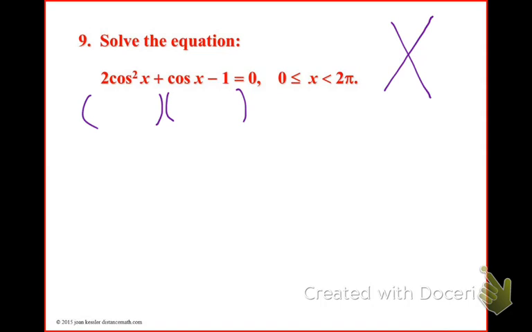If I have that 2 times that -1, I would get a what? -2. And my b, what's in front of the cosine? 1. So how could I get back that -2? Positive. Yeah, okay, very good. We would have a +2 and a -1.